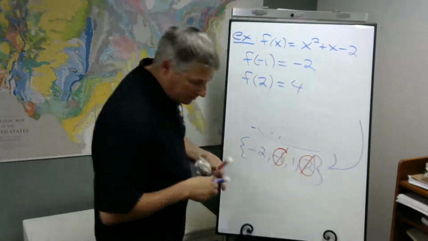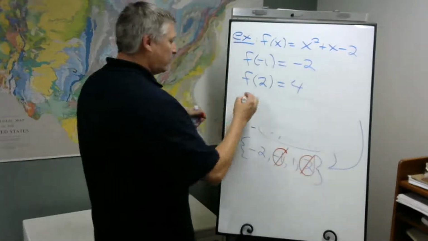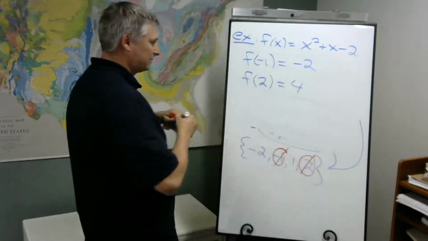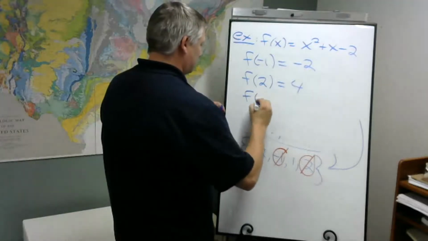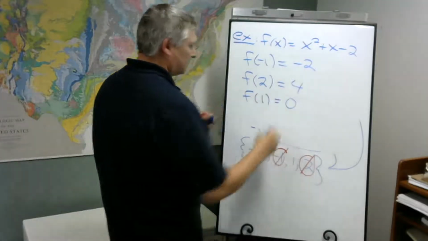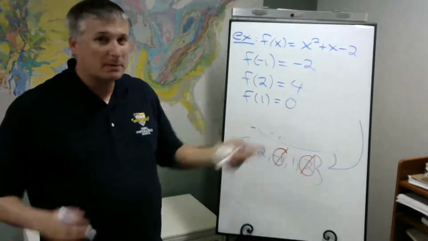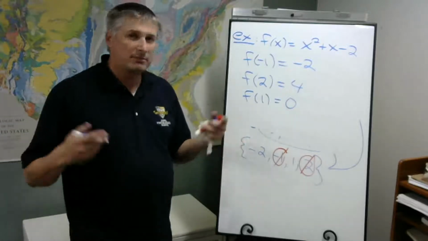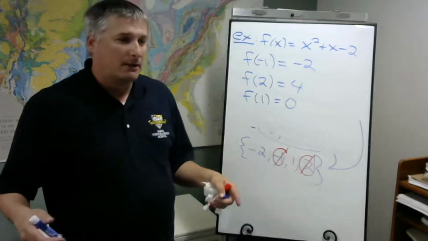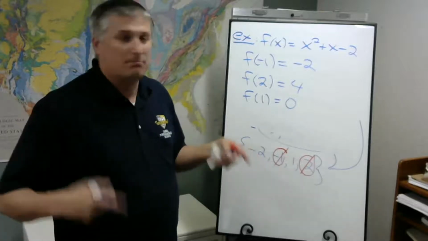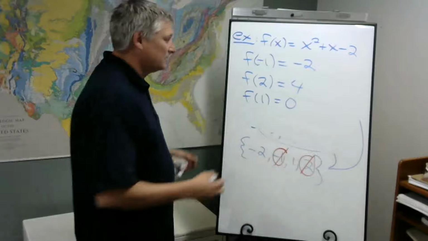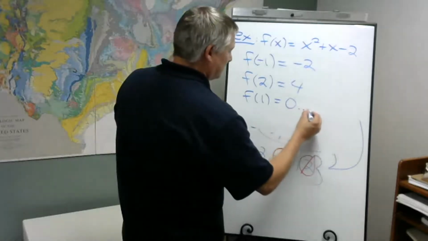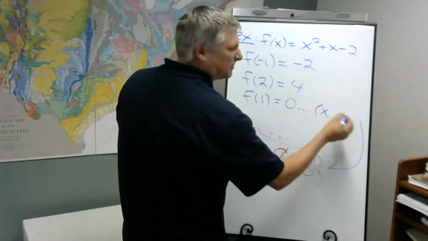Let's try 1. Now f of 1 does work. We got a 0. Remember, this is the rational zeros theorem. It's the rational numbers we plug back into our f of x, or our polynomial, and it makes it equal to 0. So this means we have a factor of x, and you always do the subtraction.